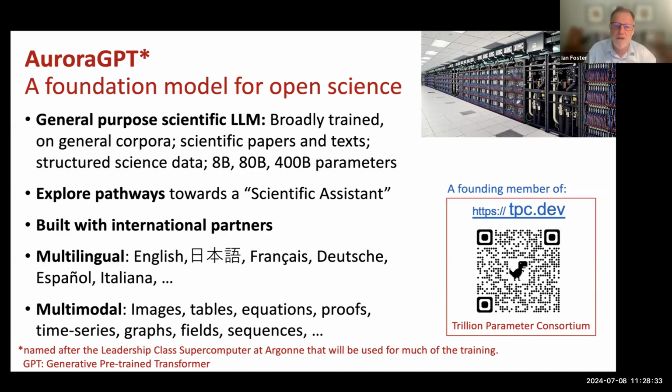We're partnering closely with people in Europe, at the Barcelona Supercomputing Center, in Japan at the RIKEN supercomputer center, and with a number of others. The University of Michigan is an early participant, and there are others joining as we speak. So that's an obvious area for collaboration.